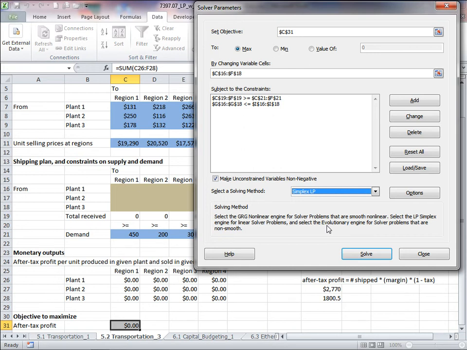We still have the same capacity constraints. We still have the same demand constraints. So basically, we've got the first model that we had. The difference now, though, is because we're doing after-tax profit rather than minimizing cost, we would expect to get a slightly different answer.